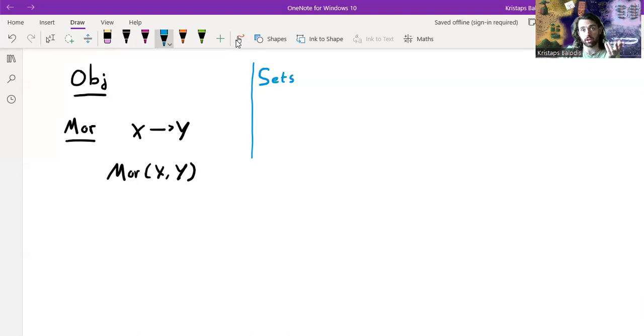What are some properties of functions between sets? Well, you always have an identity function from every set to itself that does nothing.